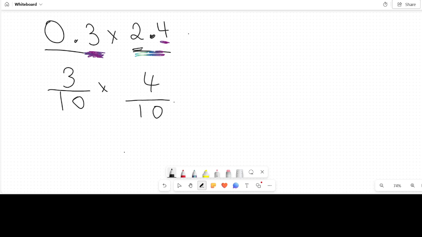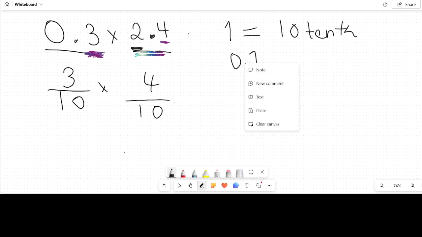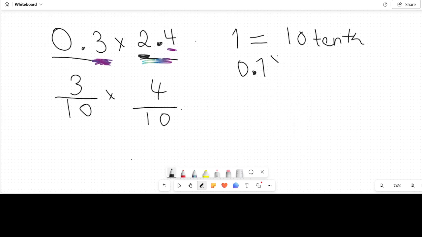However, I can't just forget about my 2 ones. One general rule is that we know that 1 whole is equal to 10/10, because 0 and 1/10 times 10 equals 1 whole.